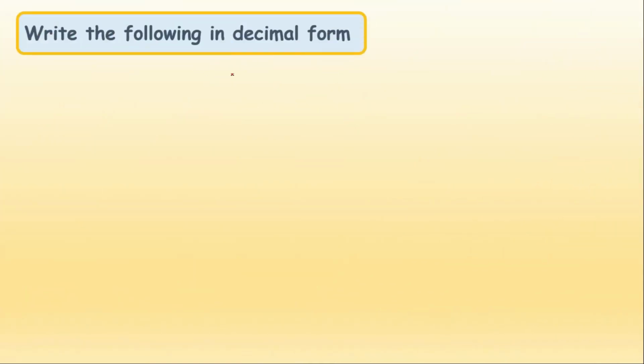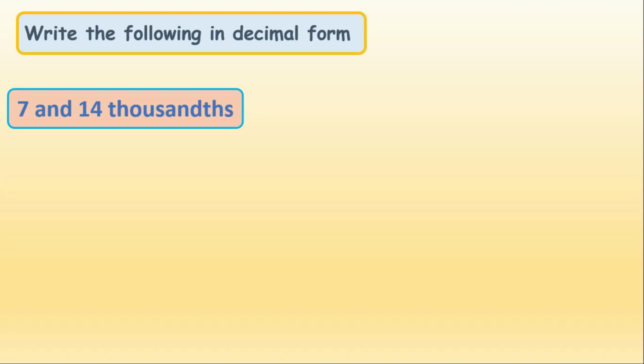Write the following in decimal form. We have the unit form or short word form, and we want it in decimal. Okay, 7 and 14 thousandths, and refers to we have a decimal point. Okay, replace it by the decimal point. 7 in whole, 14 thousandths. Writing 14 like that is of course wrong, so how do we write it? 7.014, because we should have reserved 3 digits.